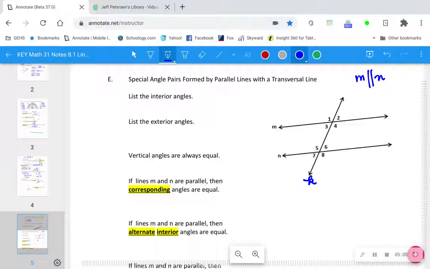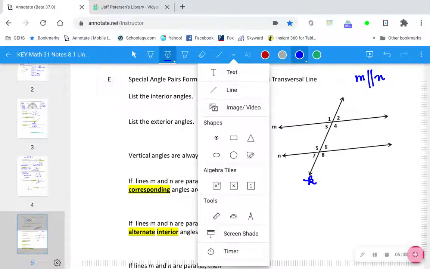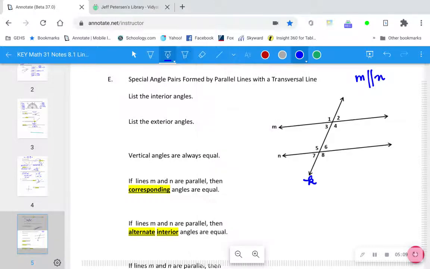When this happens, there are pairs of angles that are formed, and I've got to lead into it by teaching you some of the terminology here. The angles that are inside the parallel lines are called interior angles. So angle 3, 4, 5, and 6. Those are between the parallel lines, which makes them interior.